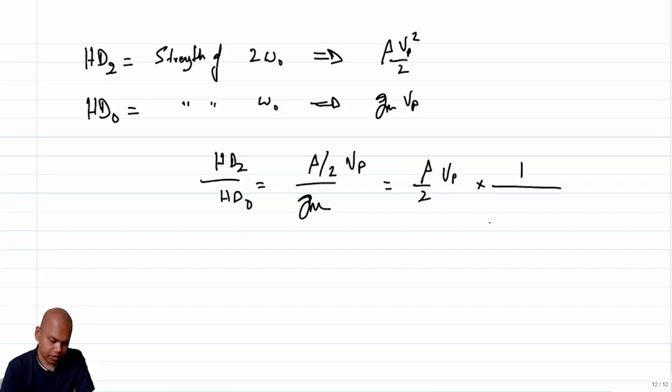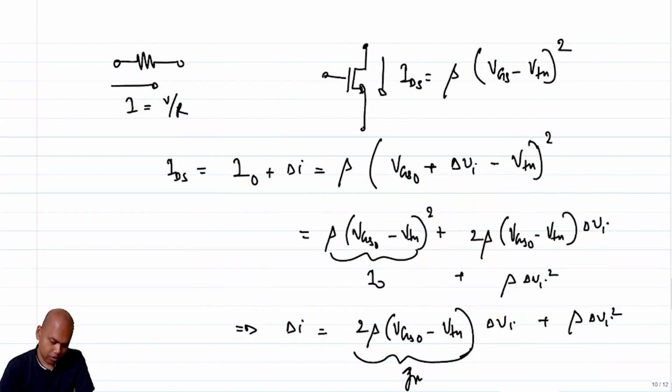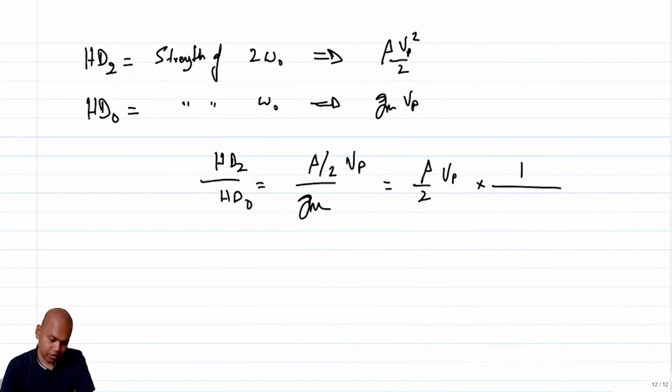What is Gm? Your Gm is 2 beta times the overdrive, so this is 2 beta times (VGS naught minus threshold voltage).